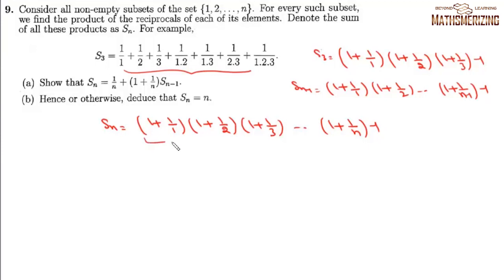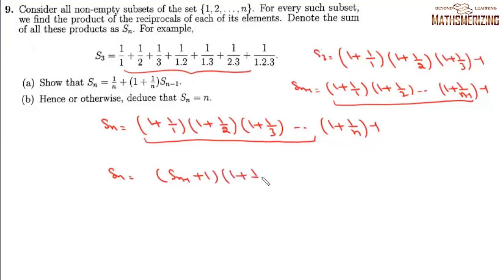Now if in this product we consider all these terms up to (1 + 1/(n−1)), then it will be equal to Sn−1 plus 1. So you can write this Sn as (Sn−1 + 1) into (1 + 1/n).